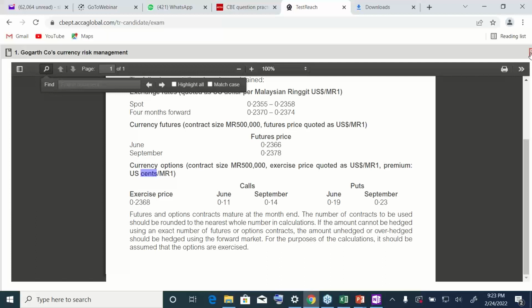I have not seen any question where you multiply by 100. It is always either in percentage or in cents.